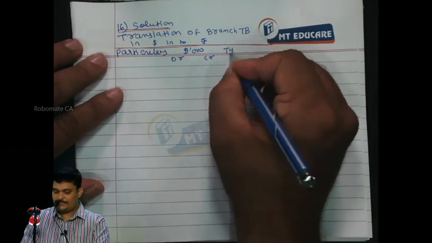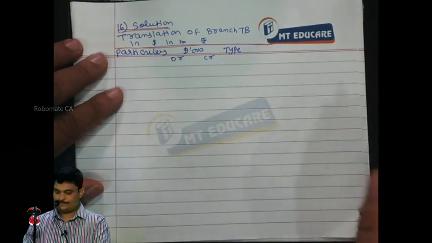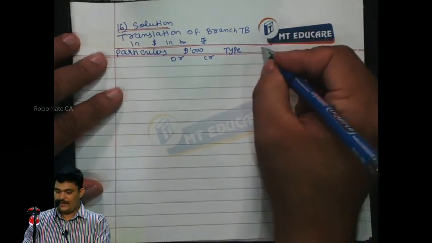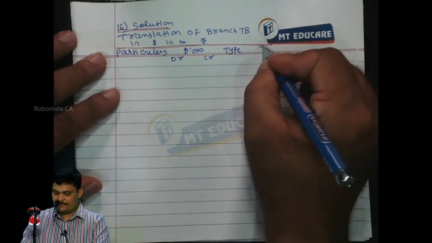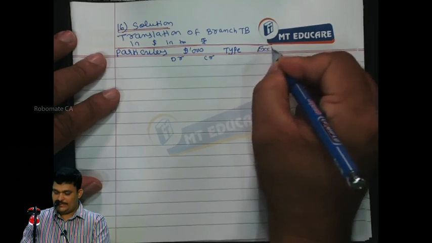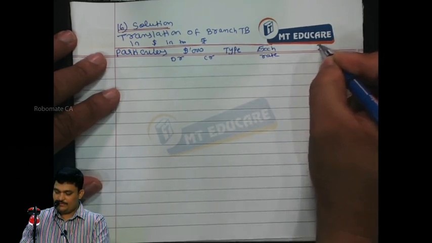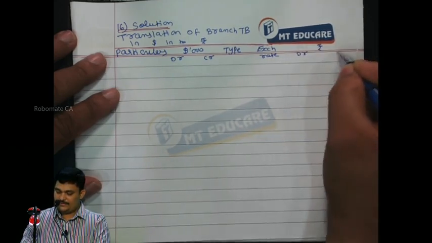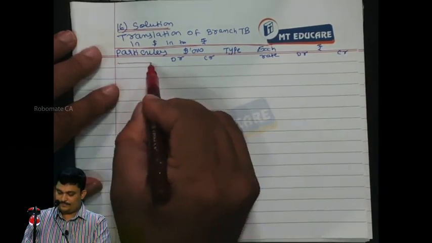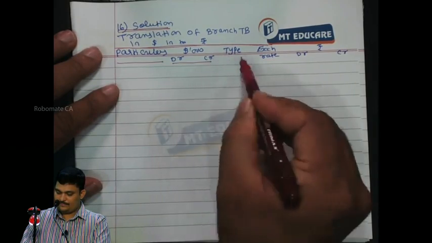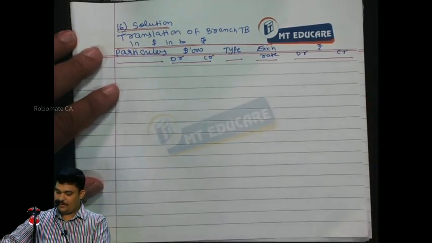The type. Then we have the exchange rate we'll use. Then we have rupees, debit, credit. Rupees also in thousands.